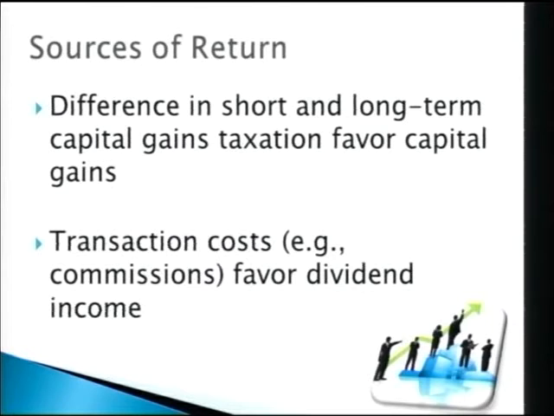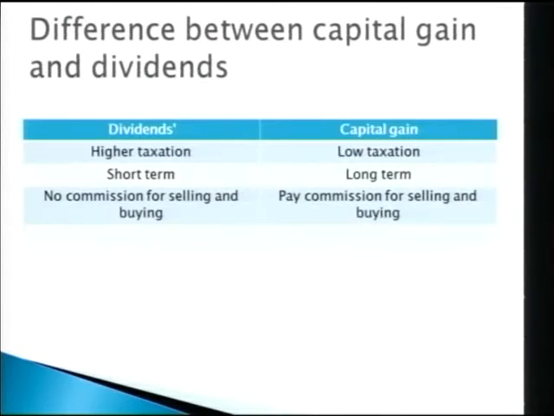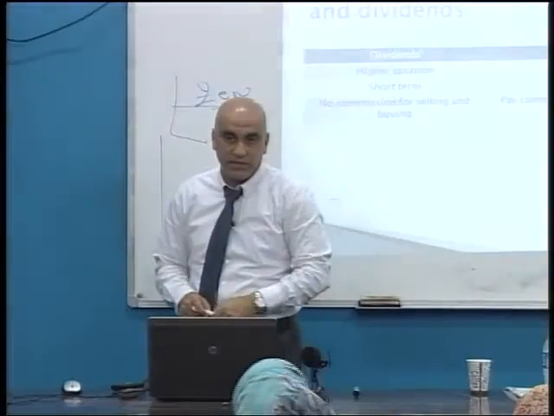Yes, it's paying less tax but high commission. For the dividends, paying higher tax and less commission because there is no buying and selling. You will see this matrix. For the dividends, high tax or higher tax. For the capital gains, lower tax. Short term and long term, there is a commission for selling and buying.